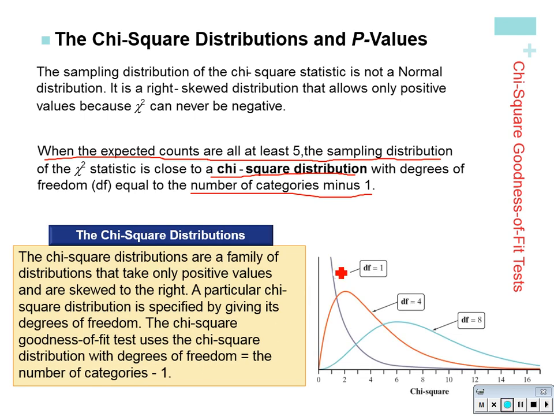You can see here that the original chi-square curve with degrees of freedom of 1 has a very strong skewed right effect to it. And then as the degrees of freedom increase, as the number of categories increases, you can see that this graph starts to look more symmetric, meaning that as the degrees of freedom increase, the more roughly symmetric the curve will look.